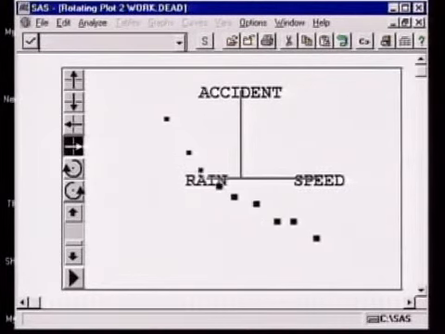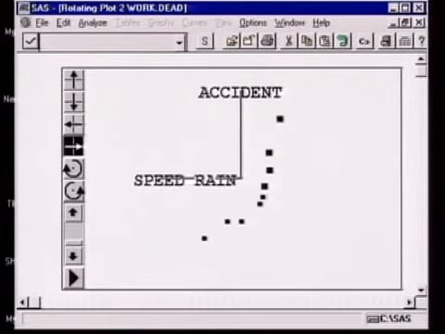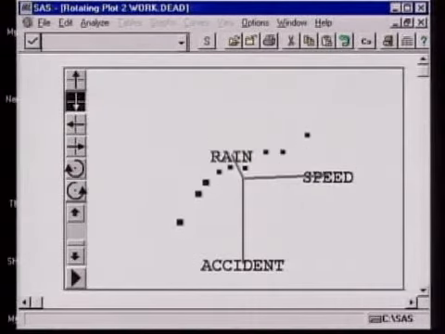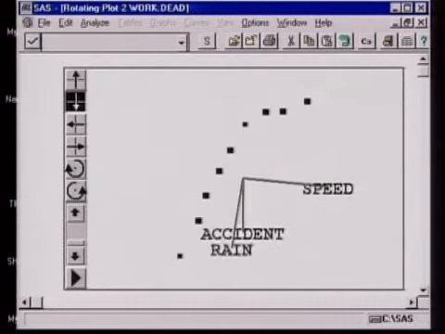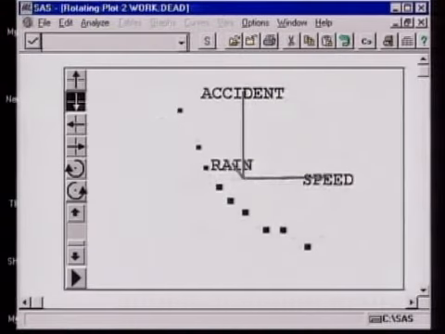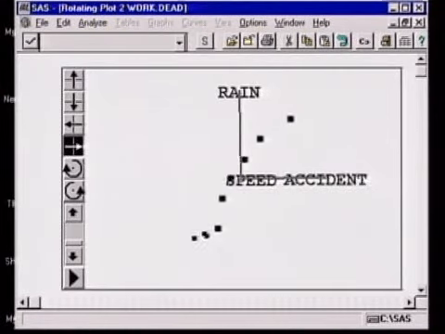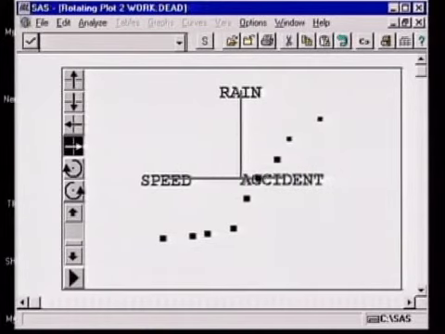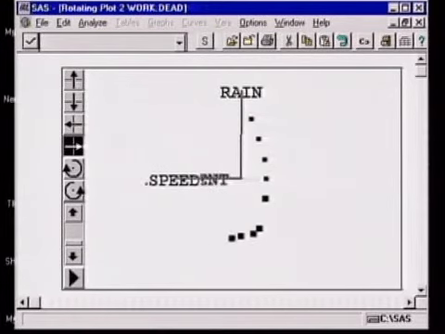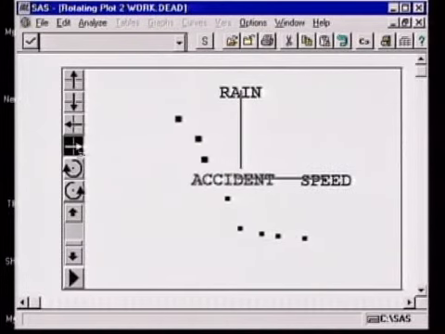The higher the speed, the lower the accident rate. But next, we see the speed rainfall link. And finally, we rotate to find the link between accidents and rainfall, which leads us to a more plausible explanation for accidents on the highway. They happen more frequently when the pavement is slippery.